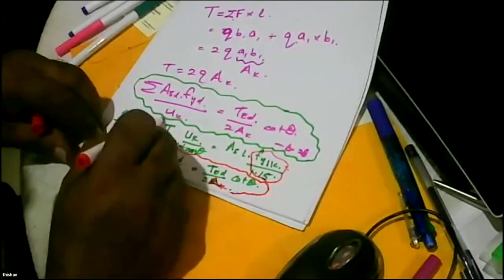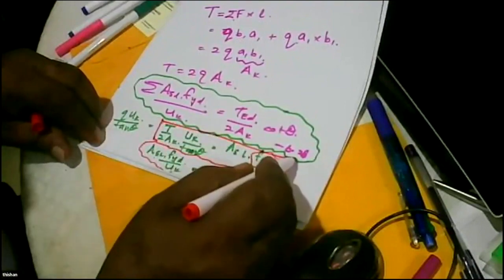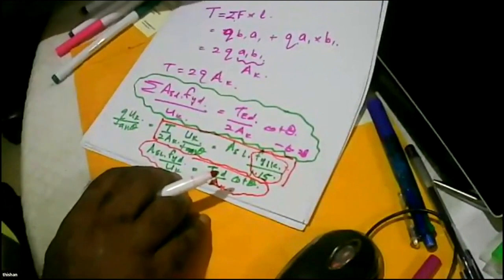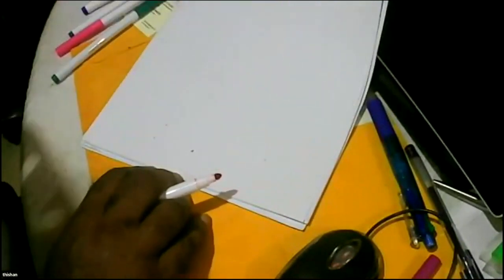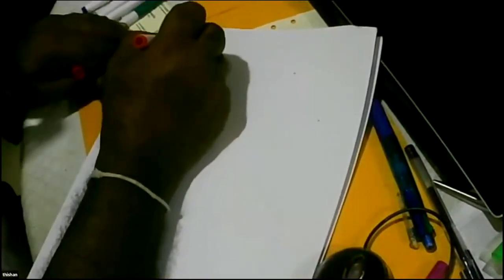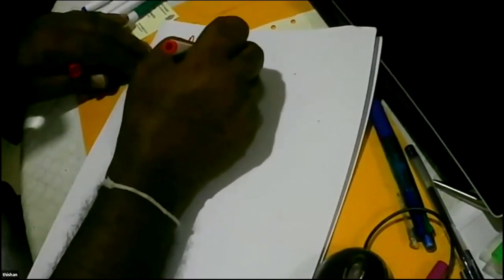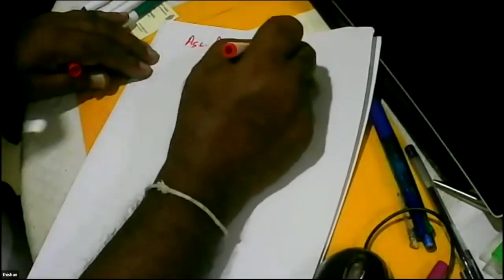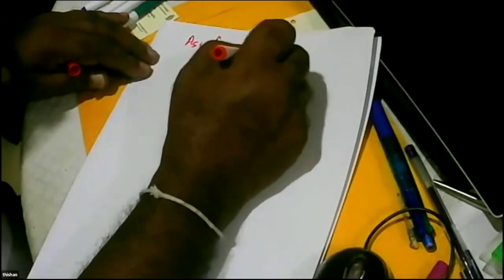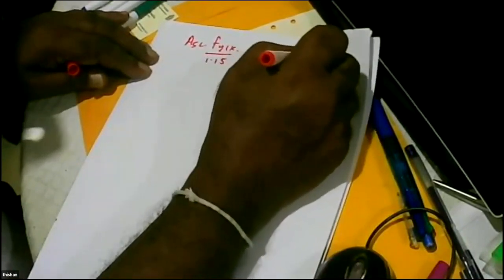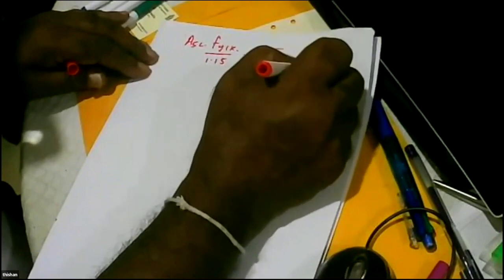And this is the equation that we are going to use: Asl fyk over 1.15 equals Ted over 2Ak, uk over tan theta.